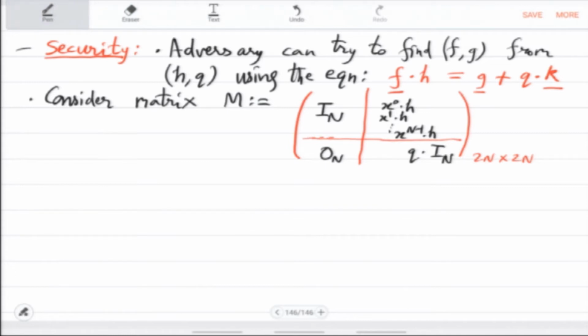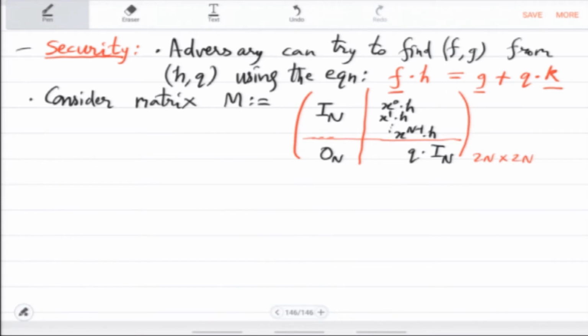Okay, so the rows in this top right part: the first row is just the coefficients of h, and then the second row is the coefficients of x times h, and the last is x to the n minus 1 times h coefficients. Remember that you are in this ring, mod x to the n minus 1.